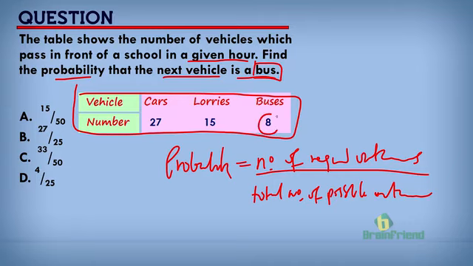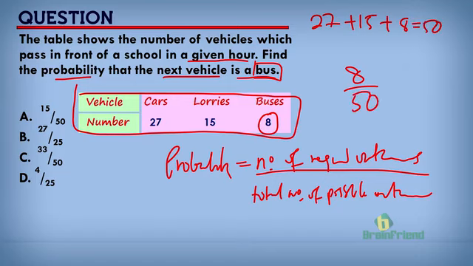We have 8 as the number of our required outcomes. What are the total number of vehicles? 27 plus 15 plus 8. That gives us 50. So we have 50 as the total number of our possible outcomes. 8 over 50, of course, if we further simplify this, we have 4 over 25. So our answer is simply 4 all over 25.